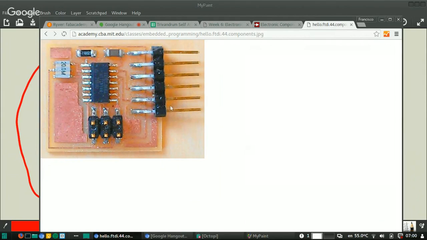We have another connector that goes to other pins in the microcontroller. We have a resonator here, and we have a resistor with a capacitor. Is it a resonator or a crystal? Because in the Fab library there are two entries, one crystal and one resonator. This is a resonator. Okay. Thank you.